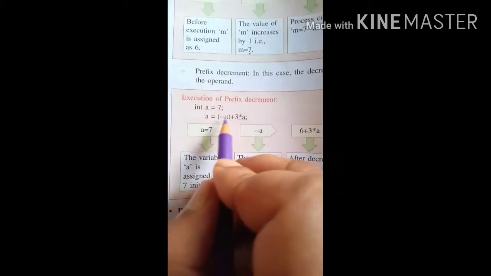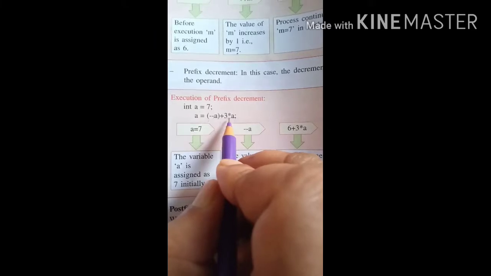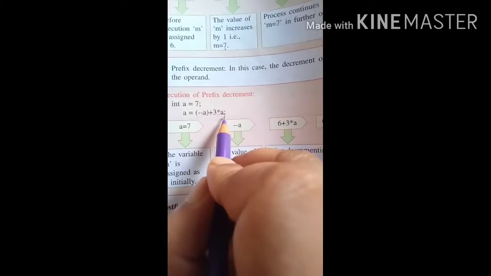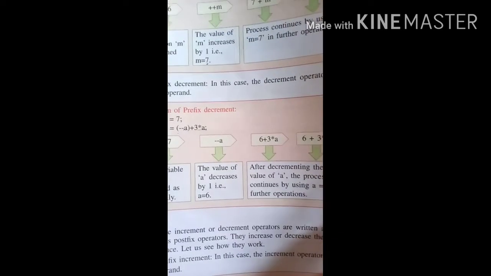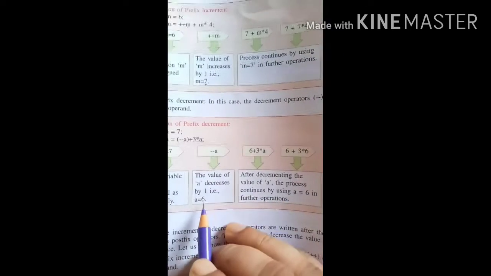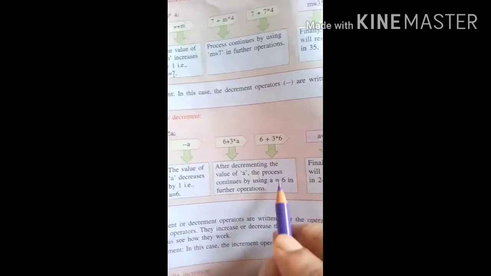So our value --a is 6, plus 3 into a, 3 into 6, 18, and plus 6, 24. So we will evaluate 24. Here --a means 6, then 6 plus 3 into 6. So here 24.